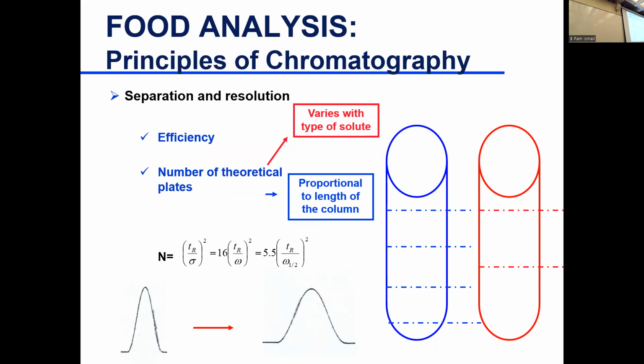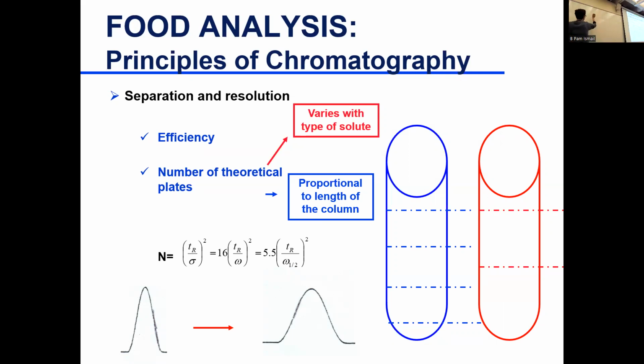This one has, let's say, 4 plates for compound X, for a specific compound. Over time, the more you use your column, you're going to lose efficiency. And then instead of having 4, you're going to have 2. What does that mean? Let me demonstrate.